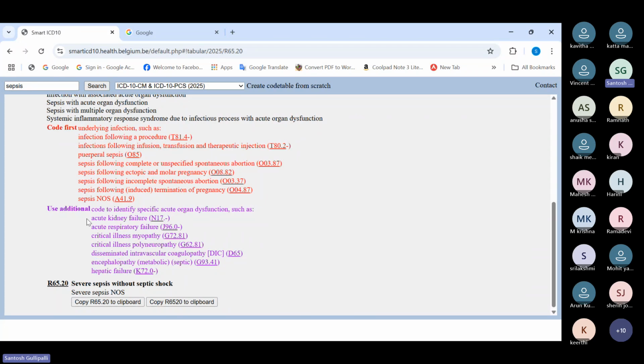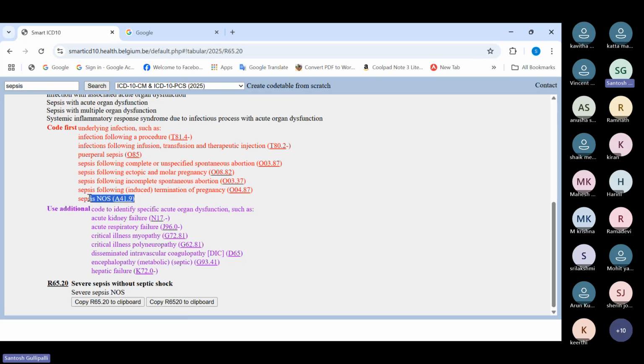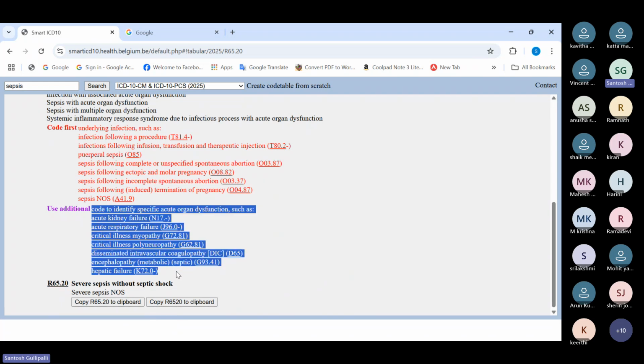Any acute organ failure along with sepsis, you can code as severe sepsis. First code sepsis, then give severe sepsis R65.20, and give an additional code for the specific acute organ failure.